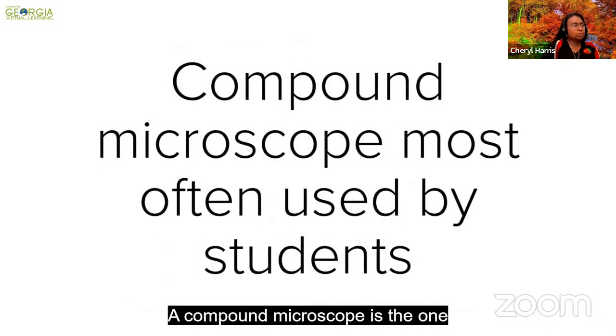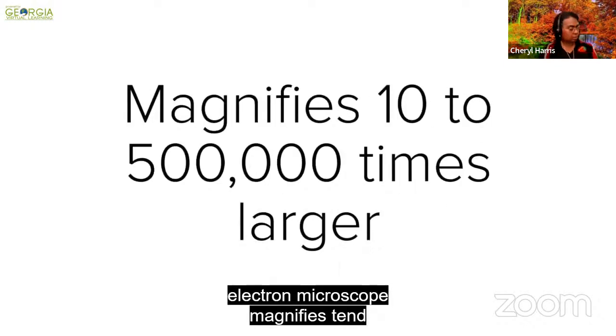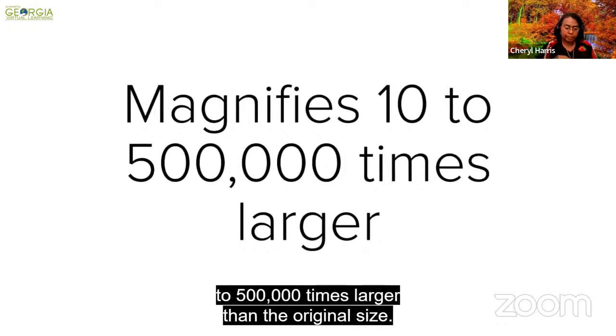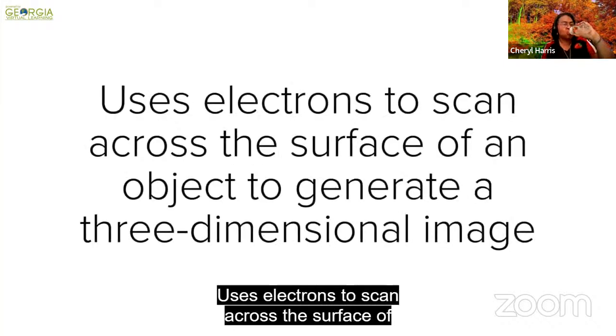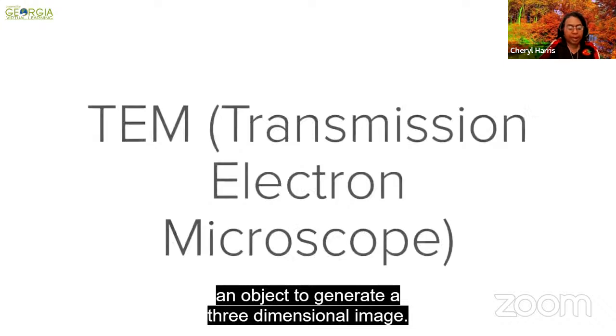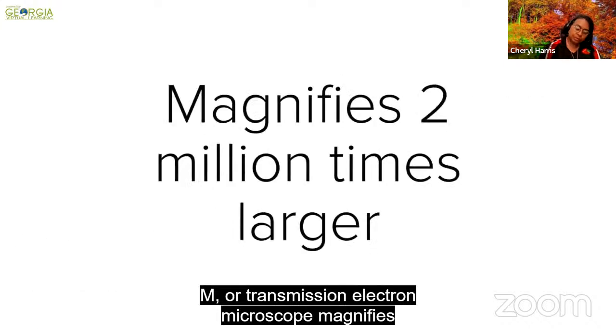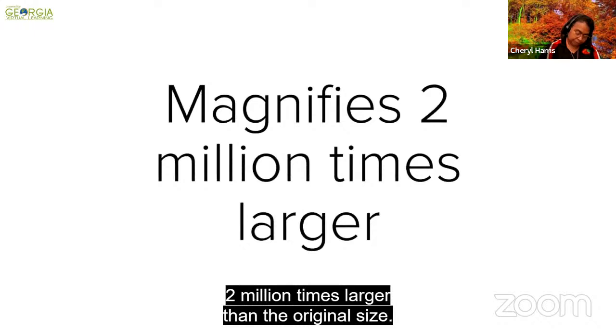A compound microscope is the one most often used by students. SEM or scanning electron microscope magnifies 10 to 500 times larger than the original size. Electrons to scan across the surface of the object to generate a three-dimensional image. TEM or transmission electron microscope magnifies 2 million times larger than the original size.